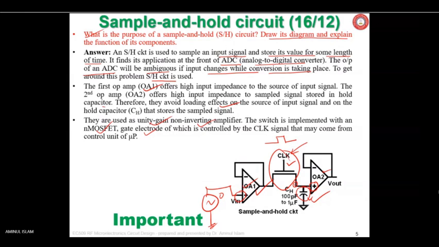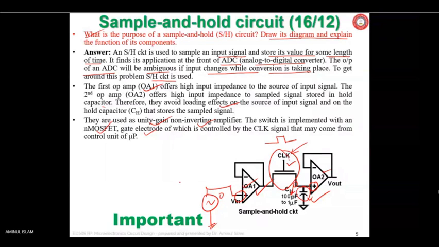Some current will be leaking into the body of the MOSFET from the drain, and hence a leakage will be there, and the value of the capacitor will be dropping, and how fast it is dropping will depend on the value of the capacitor.